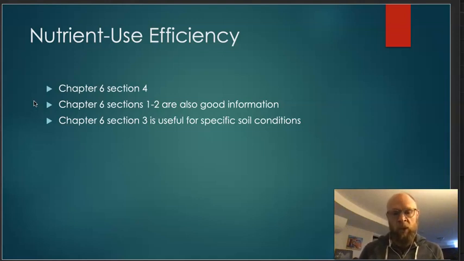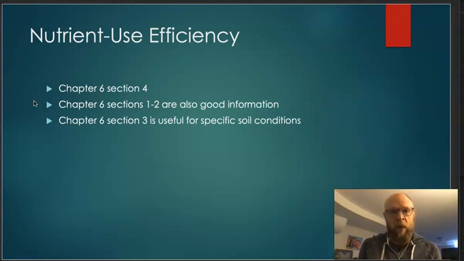Sections 1 and 2 of chapter 6 are also really good sections. They talk a lot more about the physiology of nutrient uptake, and how plants differ in their rates of nutrient uptake. And then chapter 6, section 3 is useful for specific soil conditions, so thinking about toxicity or other types of soils that might have unique nutrient limitations.